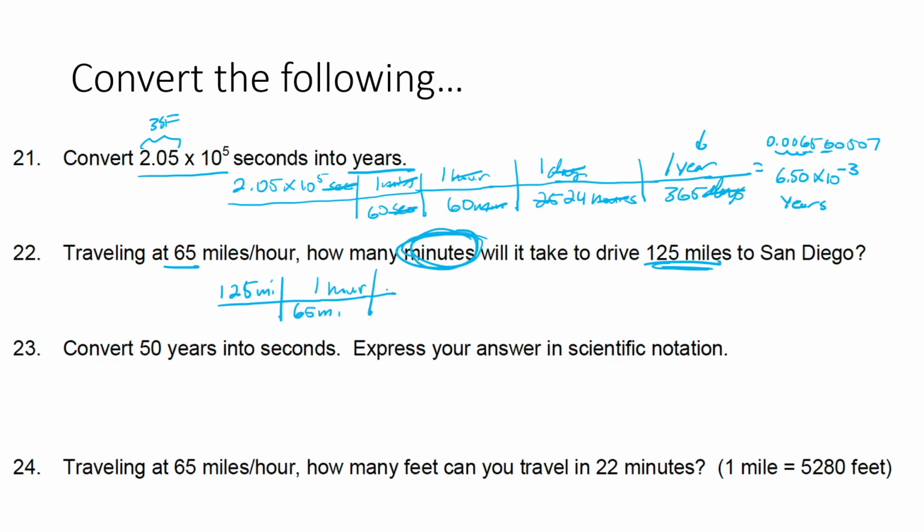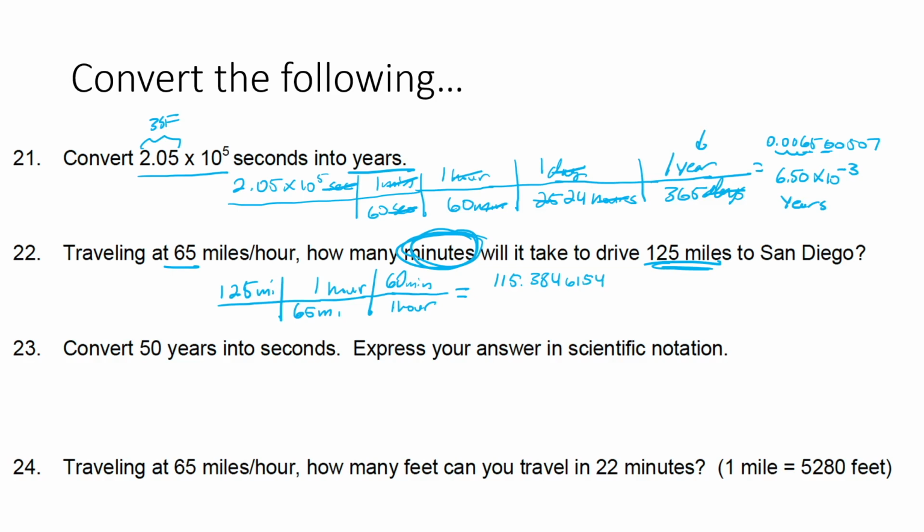So that's going to be 60 minutes for every 1 hour, because there's 60 minutes every 1 hour, right? And so the answer that you should get from the calculator is 115.3846154 or thereabouts, pretty close to that.